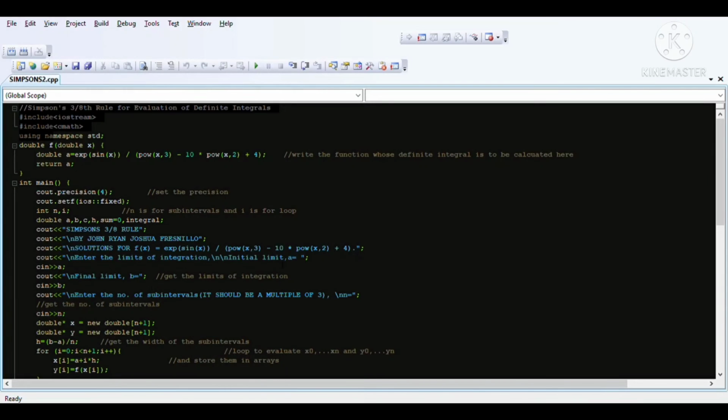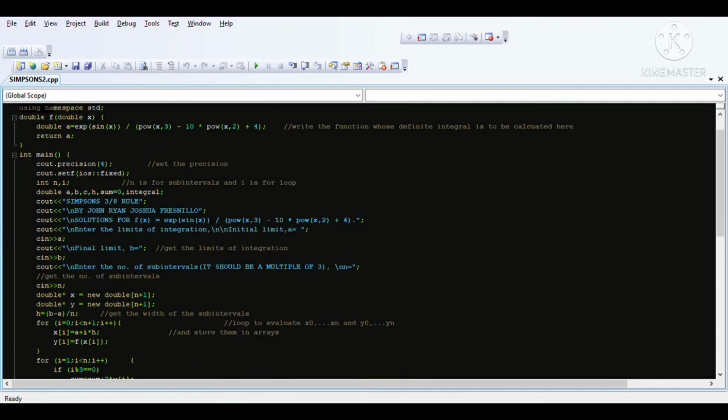So the value of a in the given problem is 0.15. The b is cin, cout for the given 0.45, and enter the number of subintervals. It should be a multiple of 3.